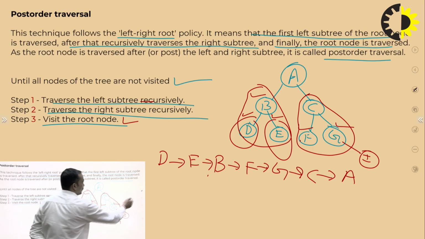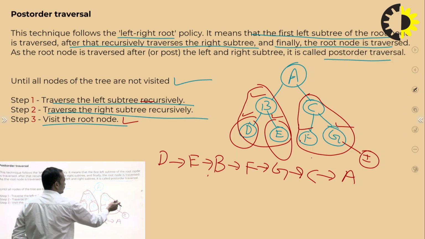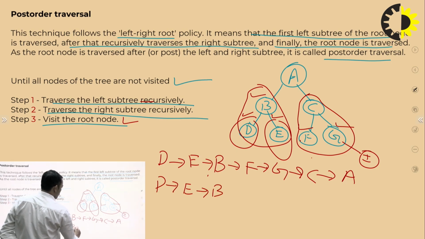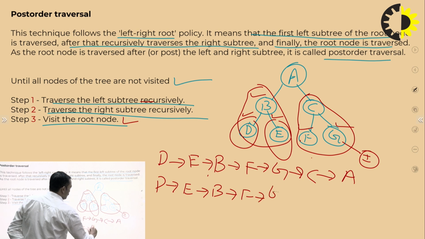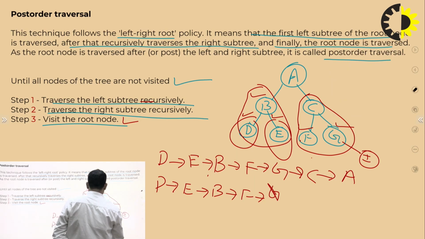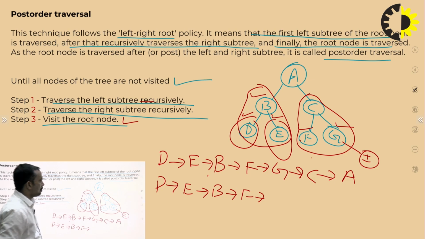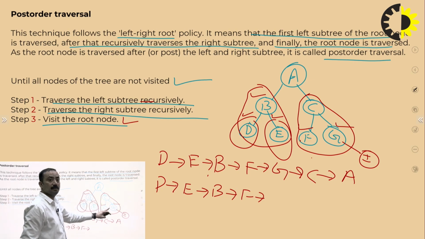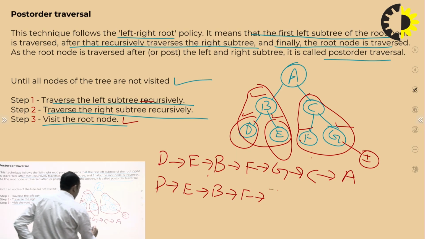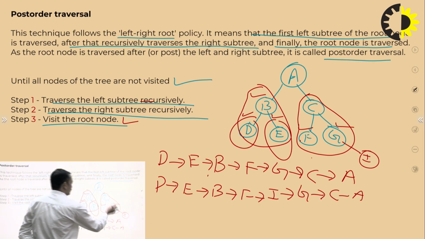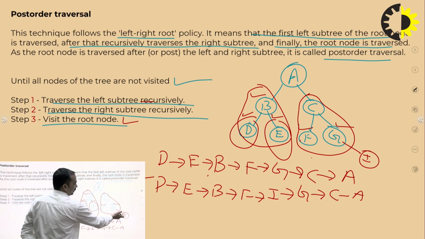In this case, the order will be different: D, E, B, F, then we have G with left subtree blank and right subtree I, then we have G, then we have C, then we have A. So this is the order of the updated tree.